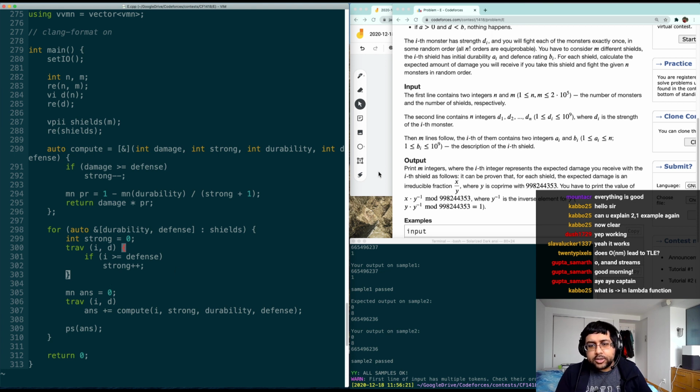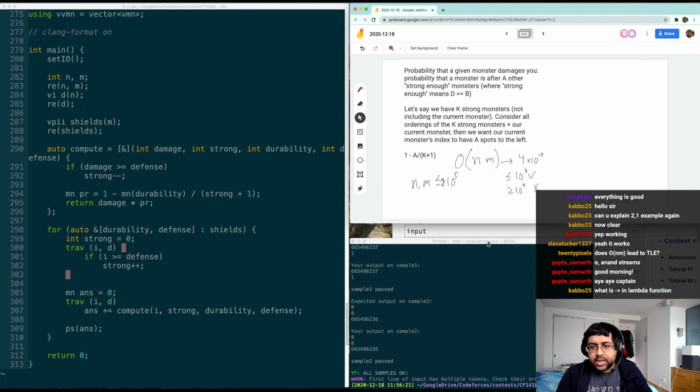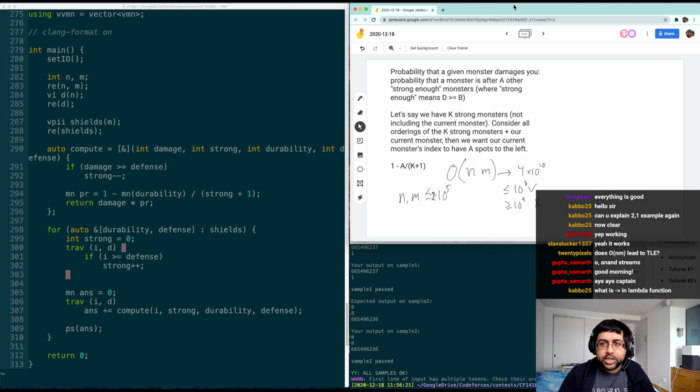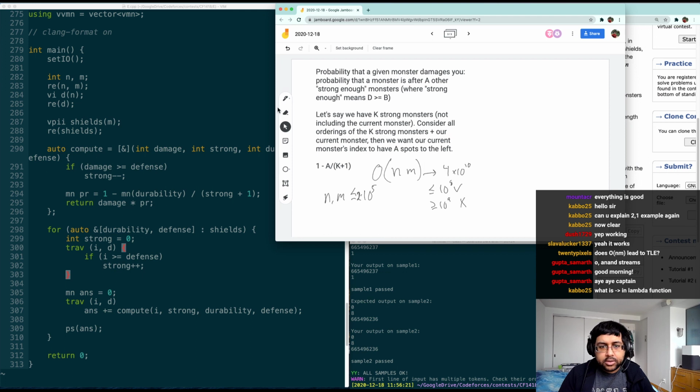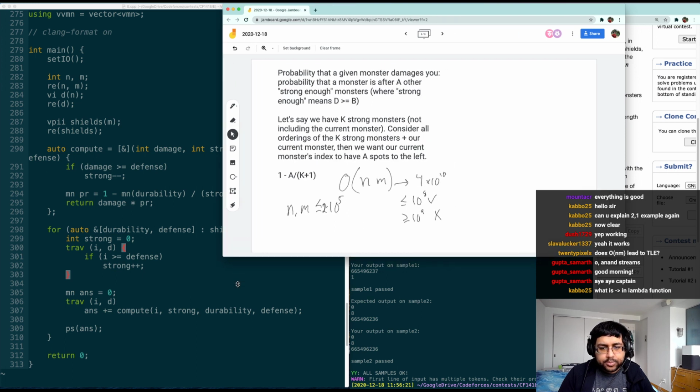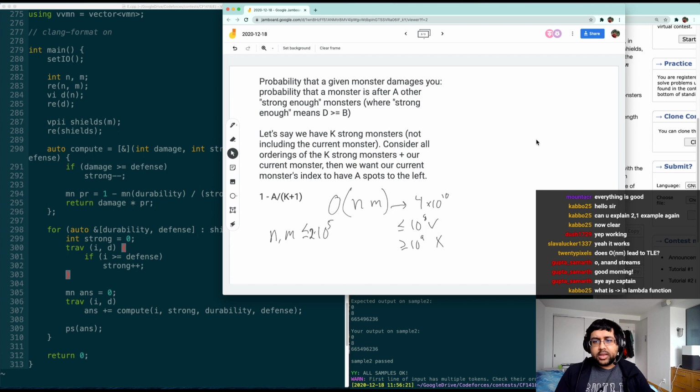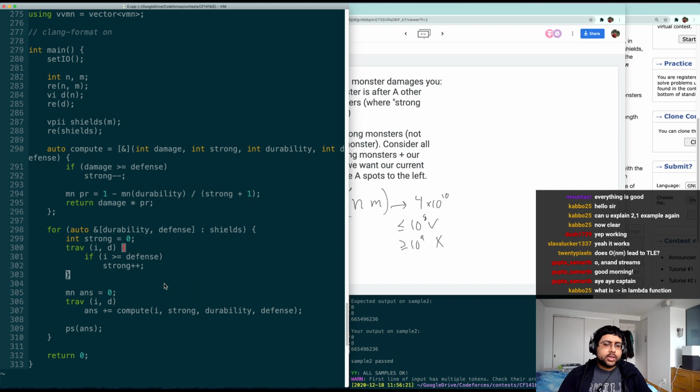All right, so let's think of the contribution from a single monster again, but now let's consider how it changes as the strengths of the shields change. So what this does is it considers each shield, and then we consider each monster's contribution to it.